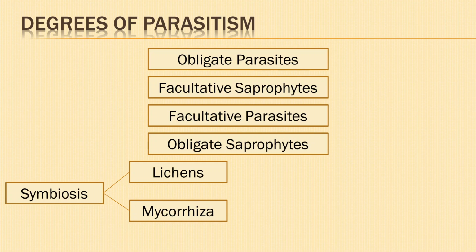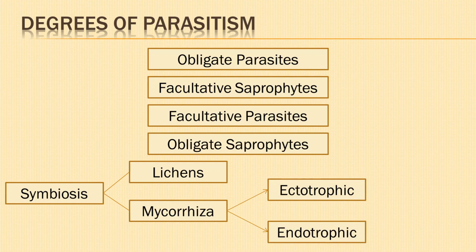A fungus grows in close association with the roots of higher plants. It may be ectotrophic or endotrophic. In the former, the fungus lives on the surface, and in the latter, the fungus penetrates into the root tissues.